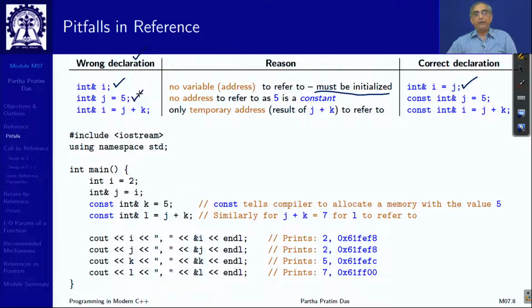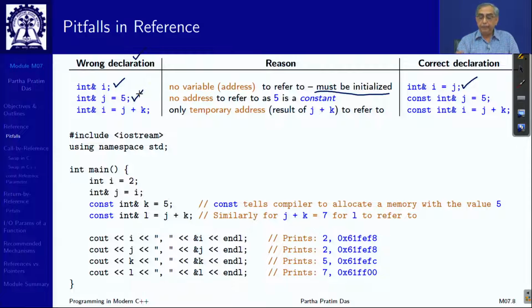Here I have created an alias j, initialized it with a constant 5. This is also not allowed. Why? Because how will the alias identify itself with the original variable? It needs the address of the variable.